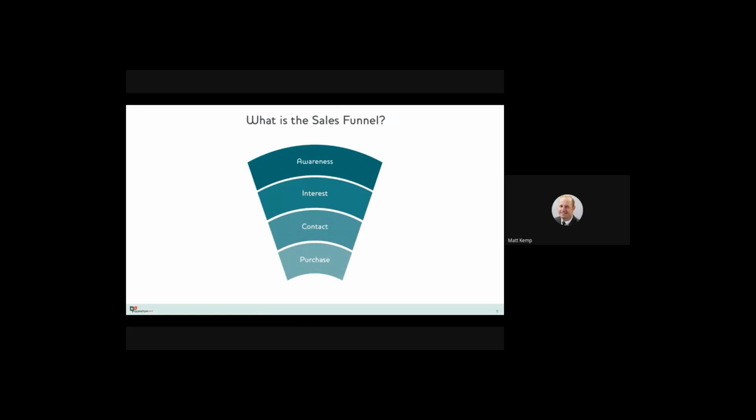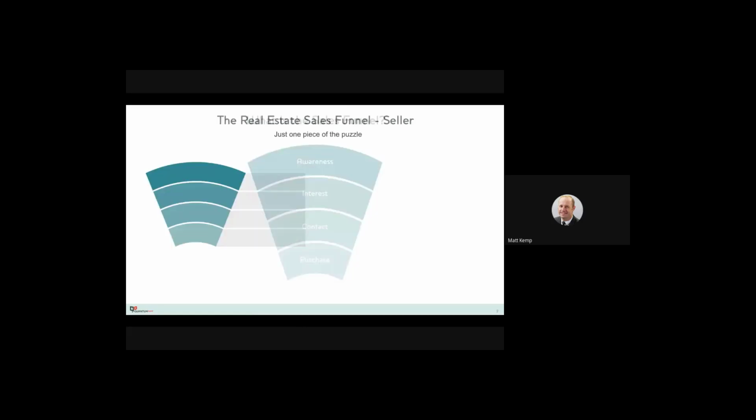So sales funnel, everybody should be aware of this, but as it applies directly to a seller and where direct mail fits in, people get aware of your product or service. You as a realtor, you as your office, JBGoodwin in general, through, we'll say, either web ads, postcards. So whenever they engage with those postcards, they're showing their interest. And then whenever they contact you, that's either through lead form on some type of online or digital assets, phone call or email coming from, we'll say, maybe direct mail or any other advertising that they get.